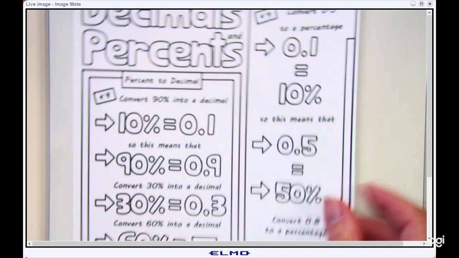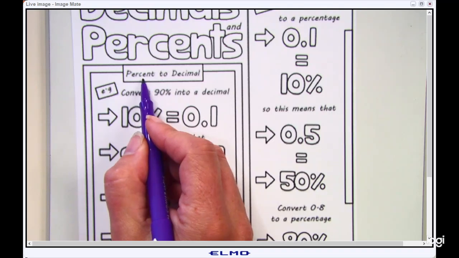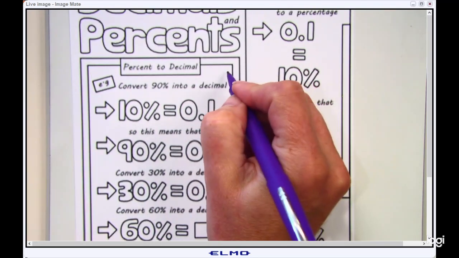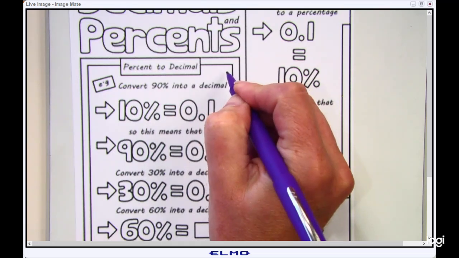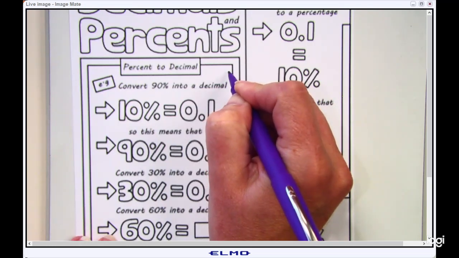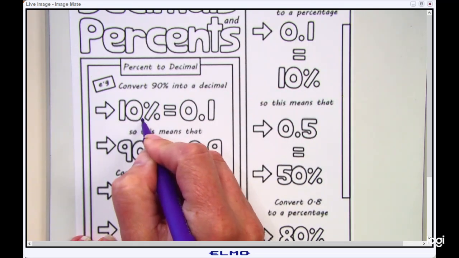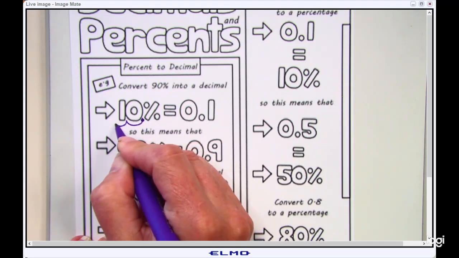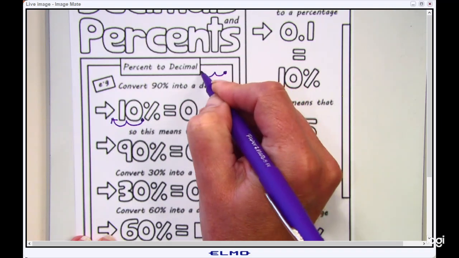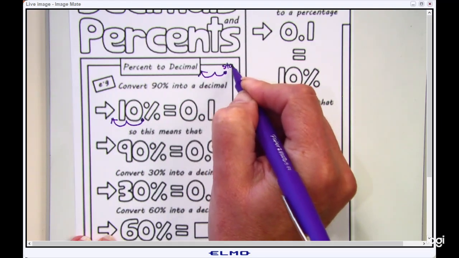Okay, now let's work with decimals. Percent to a decimal. The trick here is we're going to have a bouncing decimal. And if we're going from a percent to a decimal, we start at the end and I bounce twice. 1, 2, start.